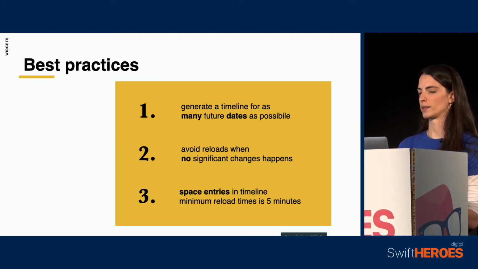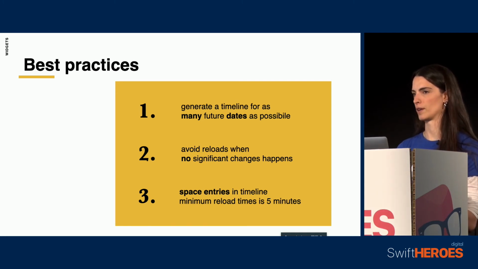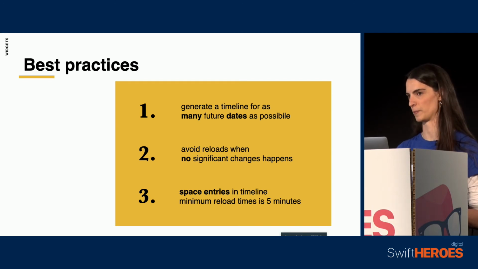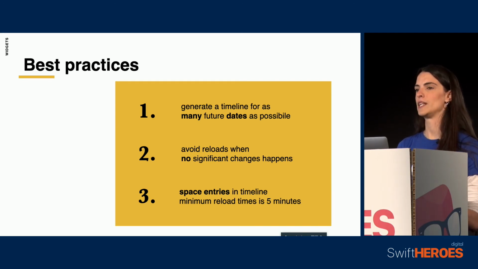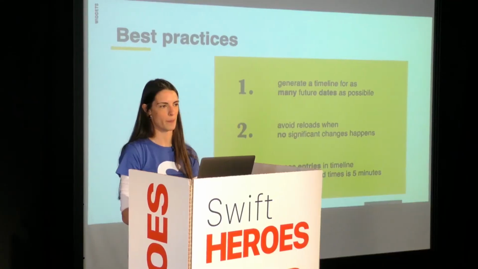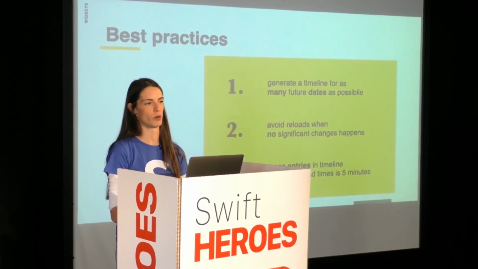Which are the best practices that you need to follow to update your widget correctly? The first one is that if you have many predictable dates, it's better to have a timeline with as many dates as possible. So it's better to have a longer timeline than a lot of shorter timelines. Then, if nothing significant changes in your app, you don't need to reload the views.